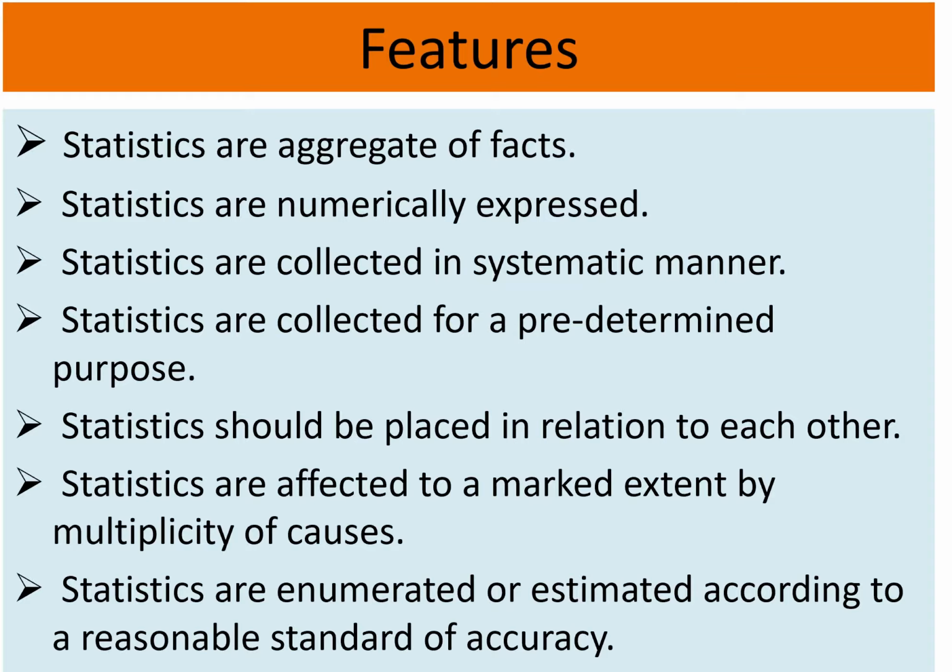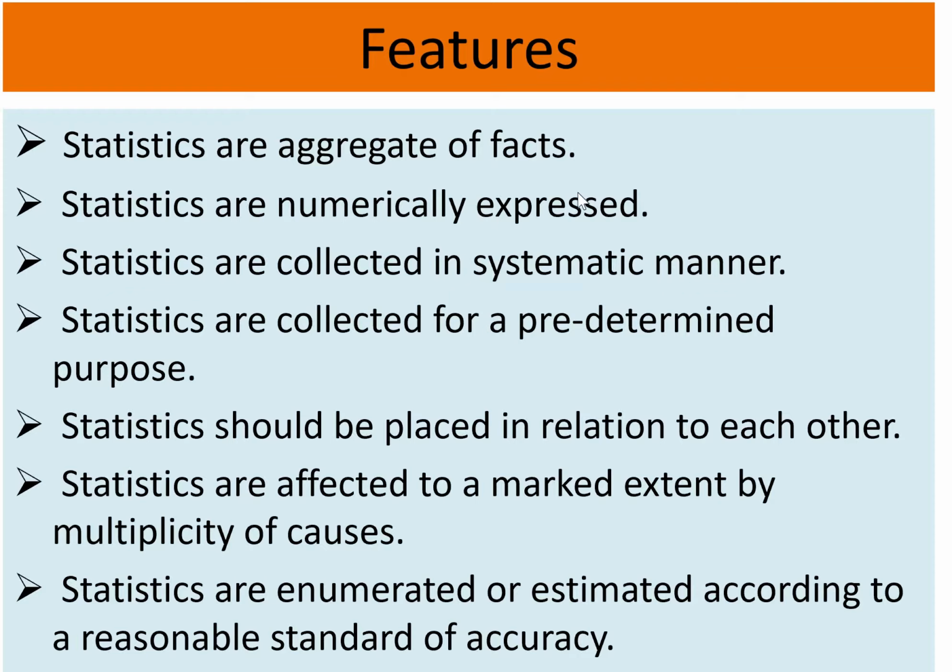But when you take a series related to the ages of a group of persons, that becomes statistics. That's why statistics are an aggregate of facts. It is not a single figure, it is not an unrelated figure, it is a related figure.